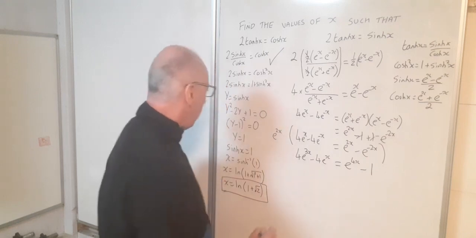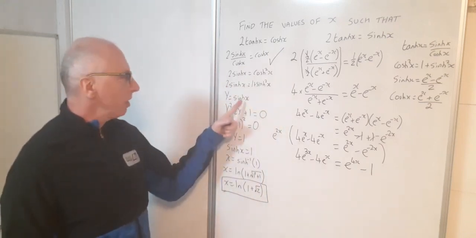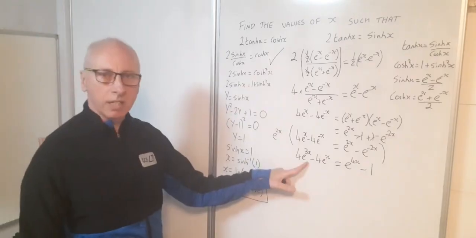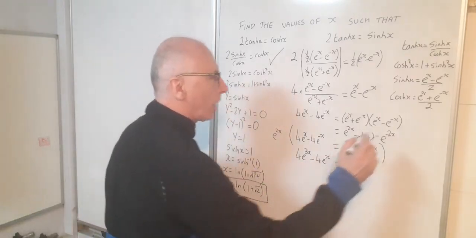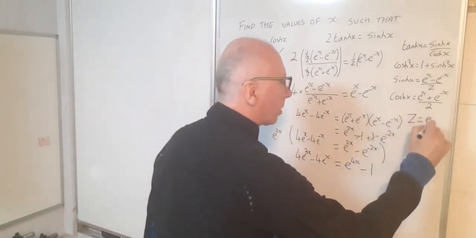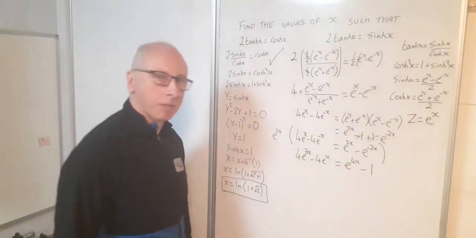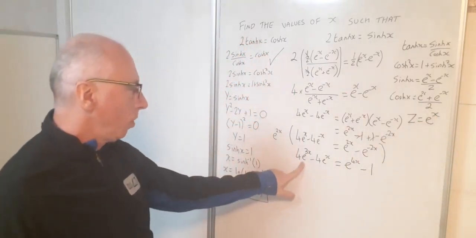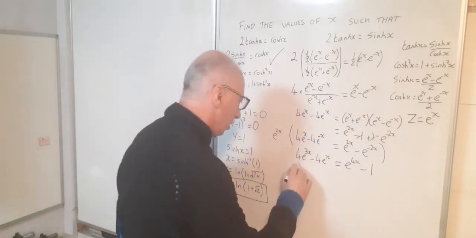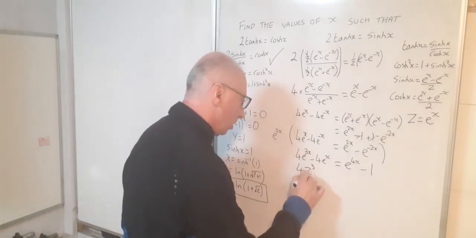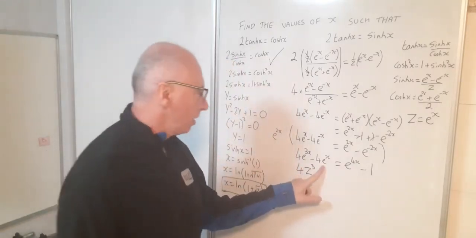So if I let z equal, this time not sinh of x, I'm going to use e to the x. So if I just write up here, z equals e to the x. So then I've got 4z cubed. E to the x, that's just a z, so that's minus 4z.